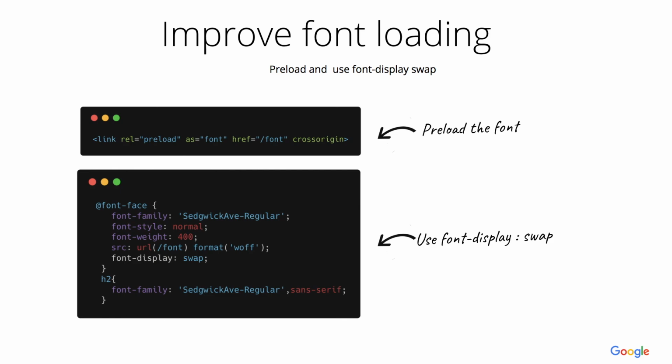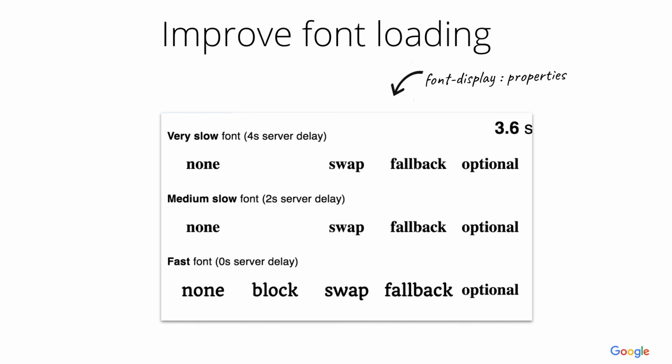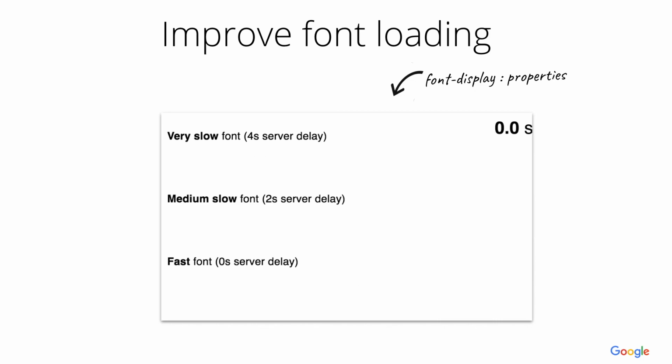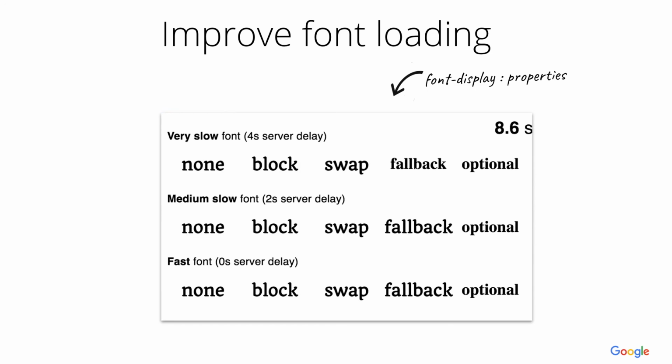Swap basically will show a default font and then the custom font. So it's an easy and nifty technique to speed up your fonts. Here are the different font-display values: block, fallback, optional, and others. But swap is usually what you should go for.